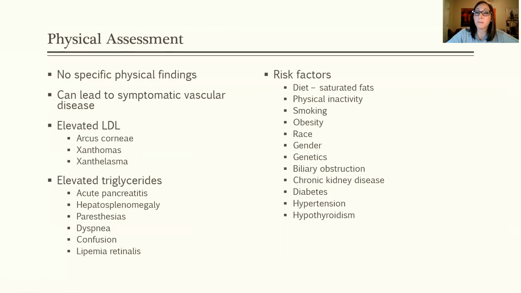Things such as diet, with a lot of saturated fats, physical inactivity, those who don't exercise or who sit a lot, smoking, obesity, certain races and ethnicities, gender, men versus women, genetics, if there's a family history, especially a first-degree relative, that increases the risk, biliary obstruction, chronic kidney disease, diabetes, high blood pressure, and hypothyroidism.